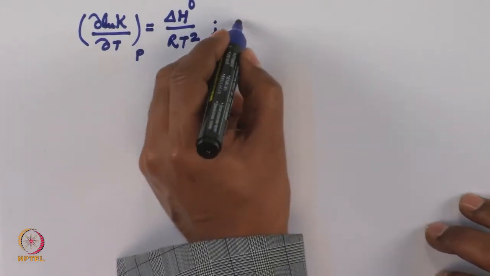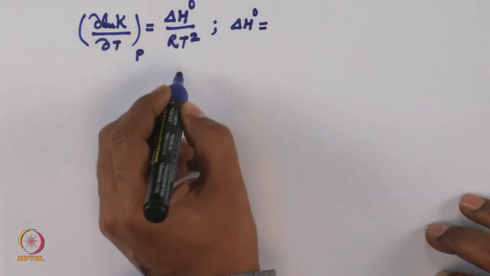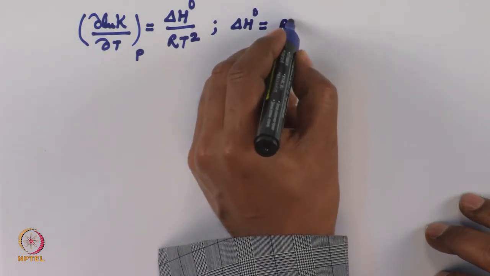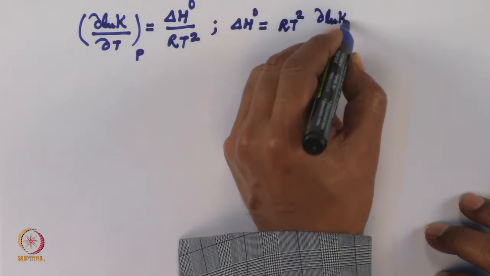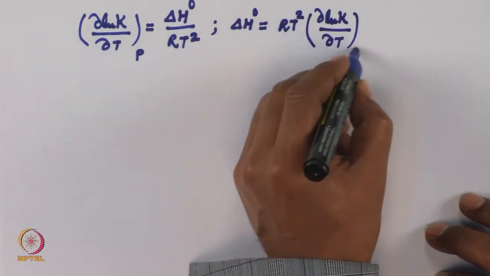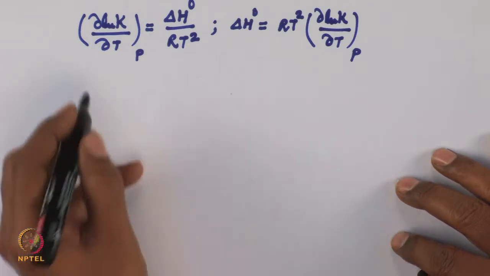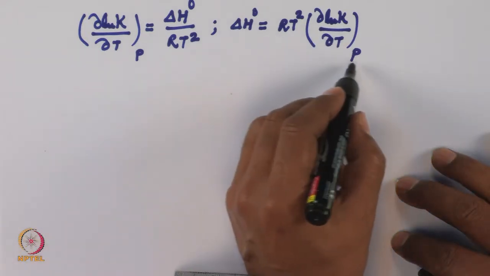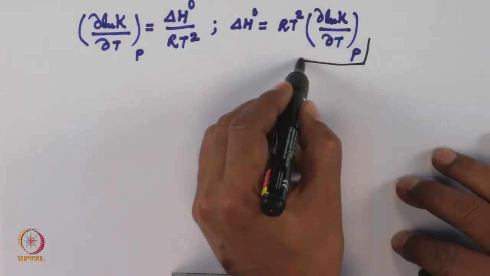In other words, I will write delta H naught is equal to R T square into d log K by dT at constant pressure. So, what we need to find out now is this factor.